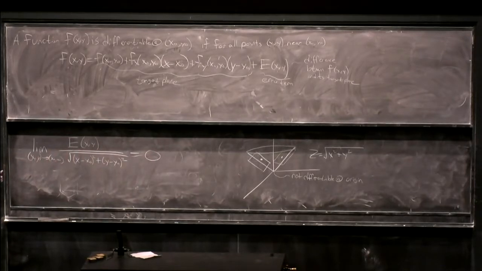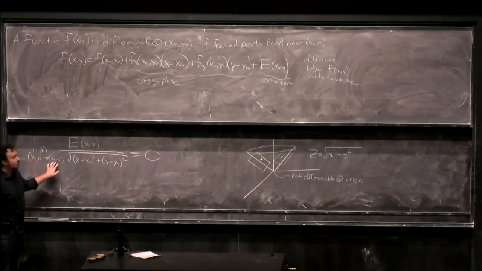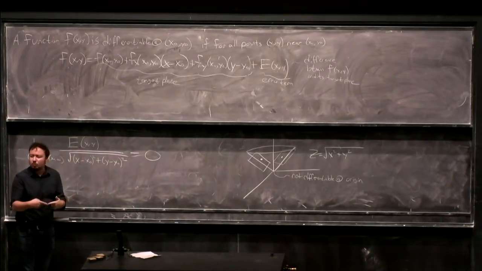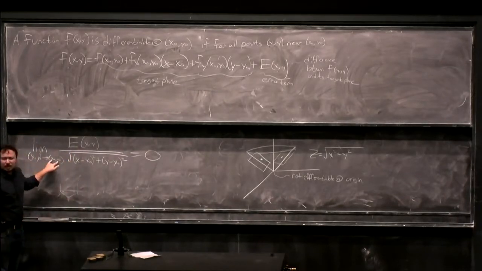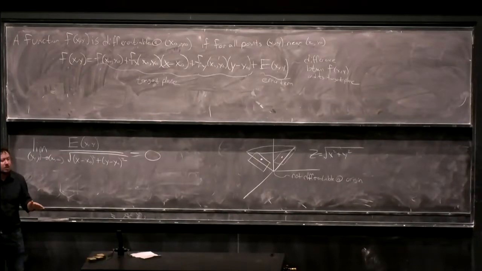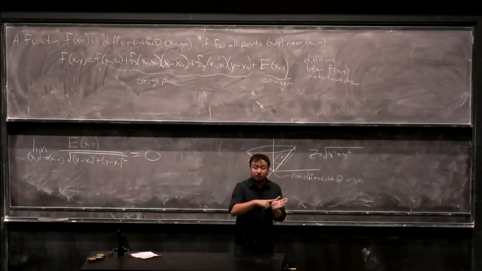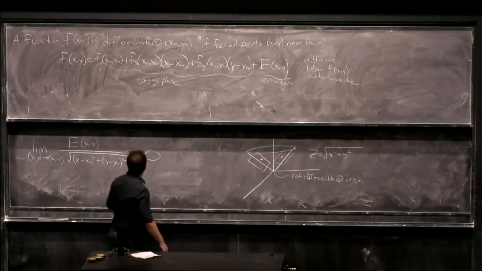Now what this is saying is that as we get closer and closer to the point that we care about, our error term is going to 0. We want to make sure that once we hit that point, x naught, y naught, there's no difference between our tangent plane and our function. And that makes sense because the tangent is supposed to equal the function right at the point it's defined at. So we want that to happen.